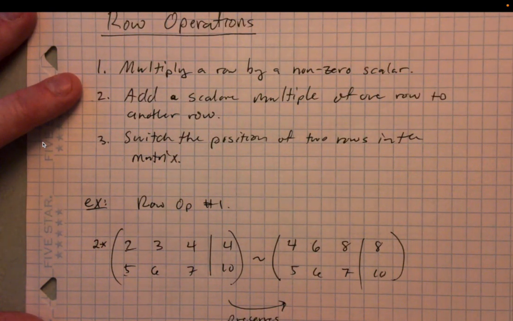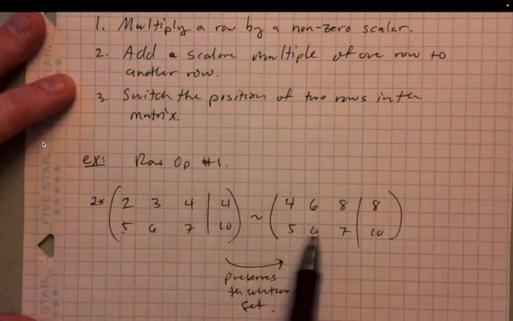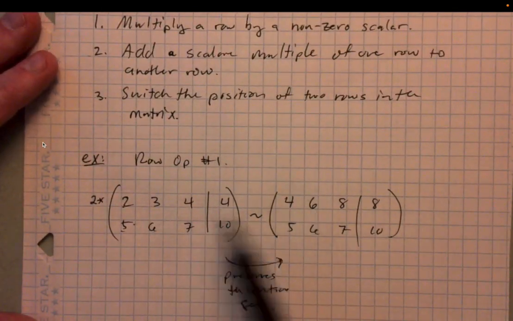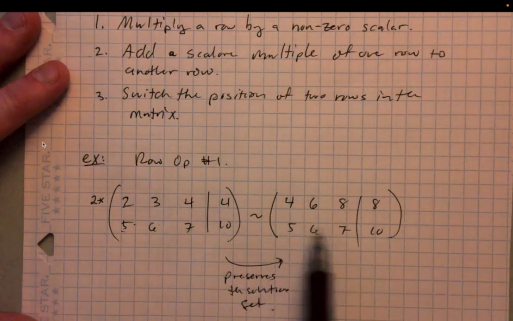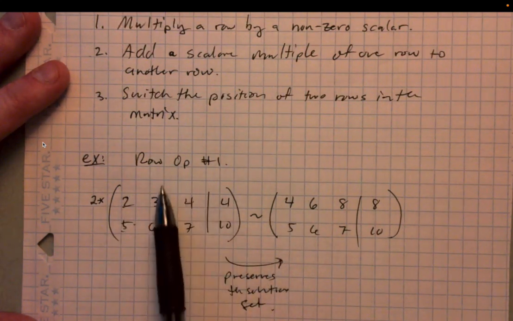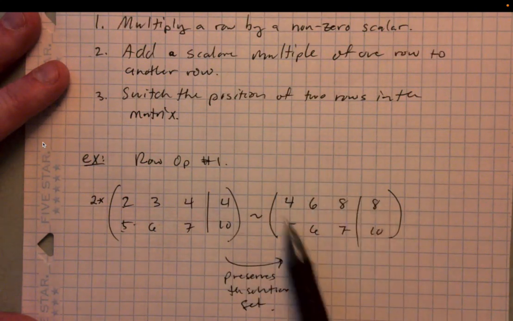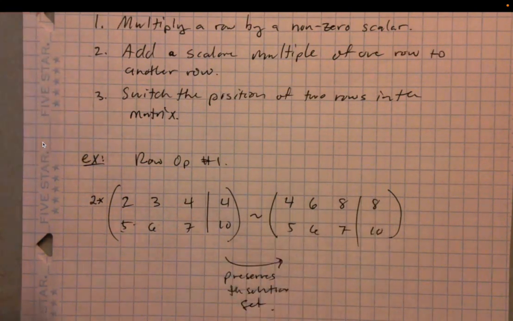These augmented matrices are now different, the entries are different, but whatever the solution set is to this one, the same solution set is going to be here. These row operations certainly change the numbers, but they don't impact the solution set. So that's an example of row operation number 1.